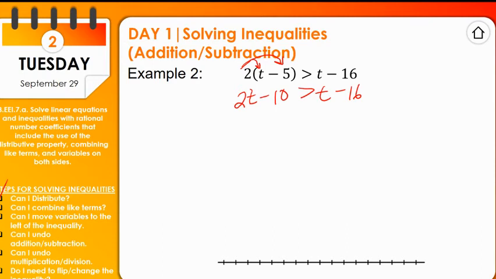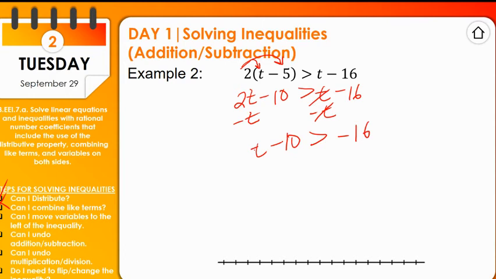Can I combine like terms? There are not enough values on one side of the inequality that are like terms. So no, I cannot combine like terms. Can I move variables to the left of the inequality? So I have a positive t, so I want to subtract t from both sides. So I have t minus 10 is greater than negative 16.